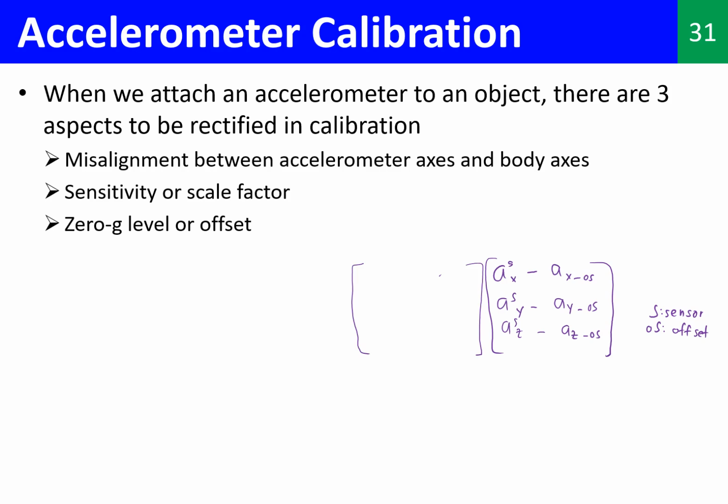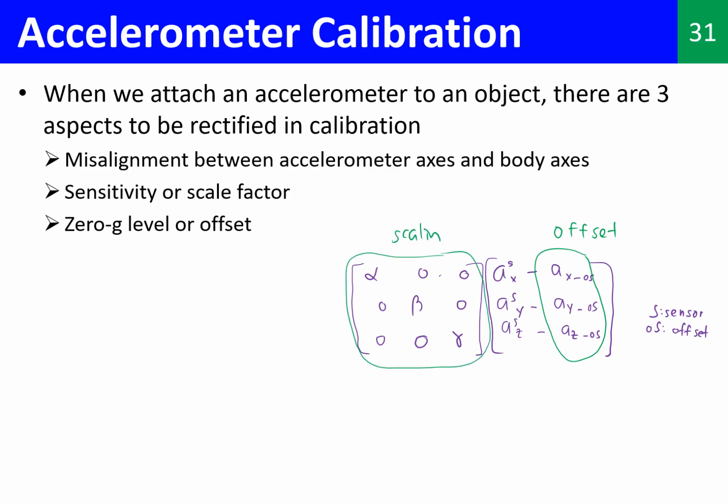So we can have alpha, beta, gamma as our scaling factors. Let me write this as the offset, and this is for scaling. Take a moment to understand how it gets scaled by this 3x3 matrix once we remove the offset.